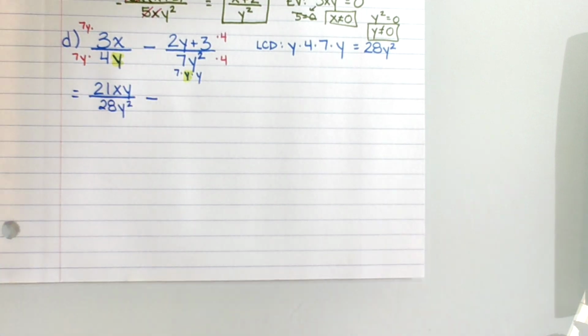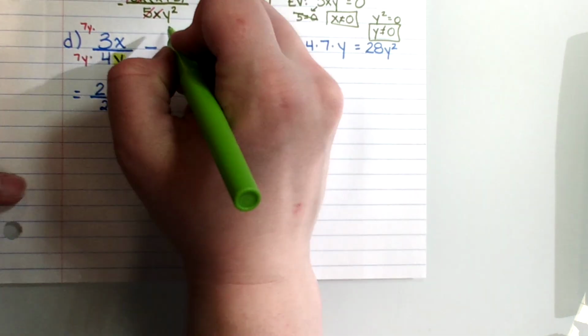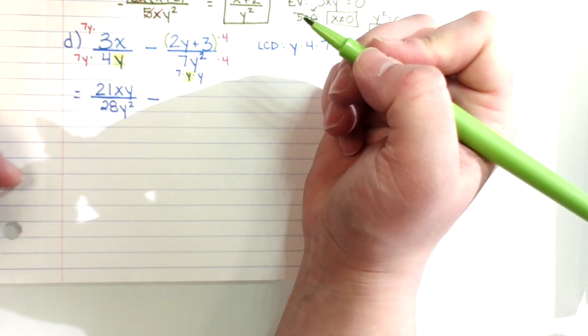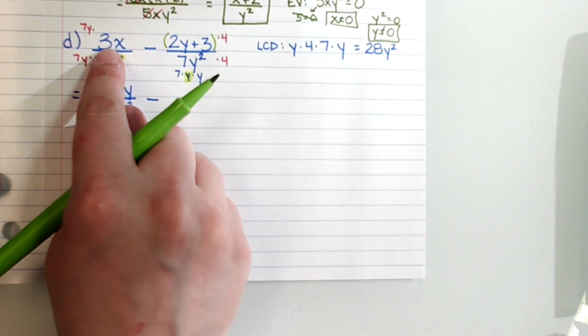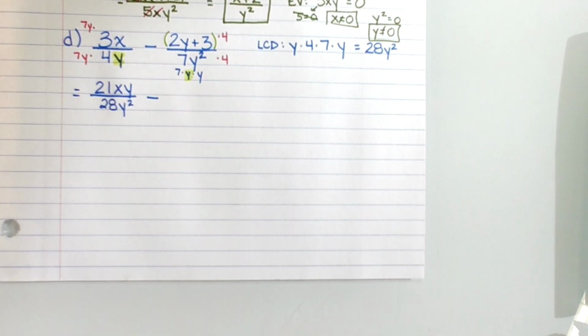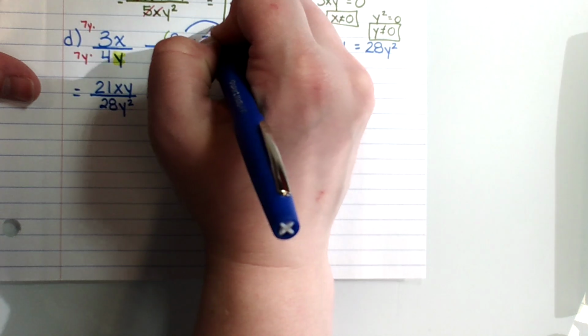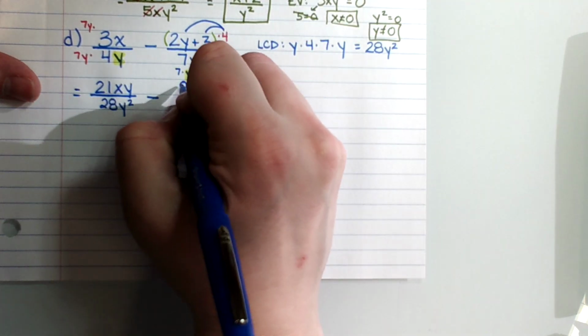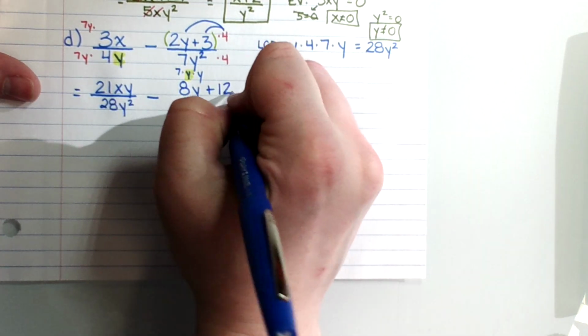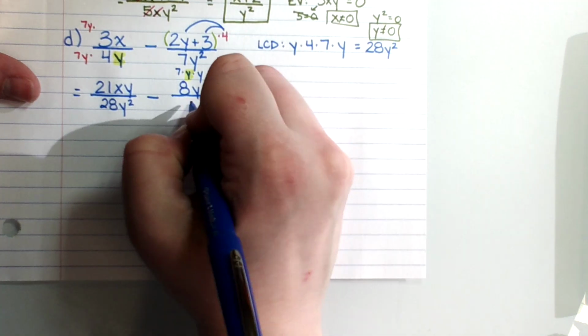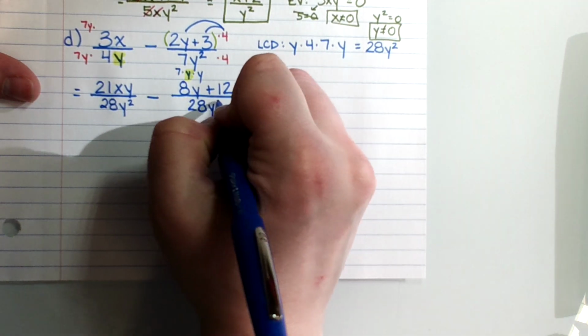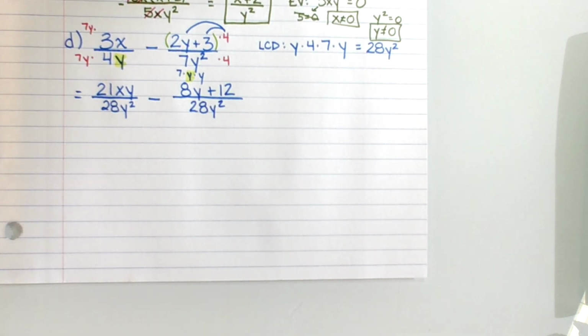Minus, how do I multiply 2y plus 3 times 4? Distribute. You have to remember that your fractions technically have parentheses around them. Monomials didn't really need it, but binomials do. Distribute the 4. 8y plus 12 over 28y squared.